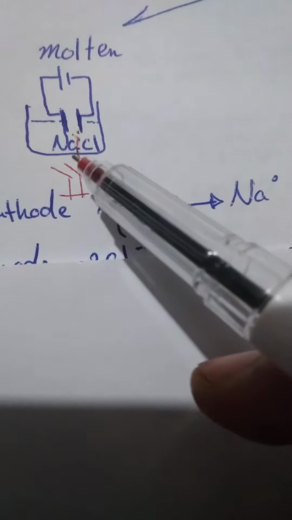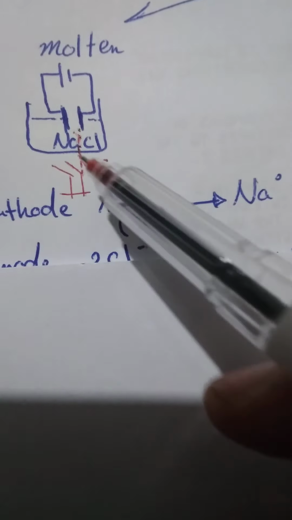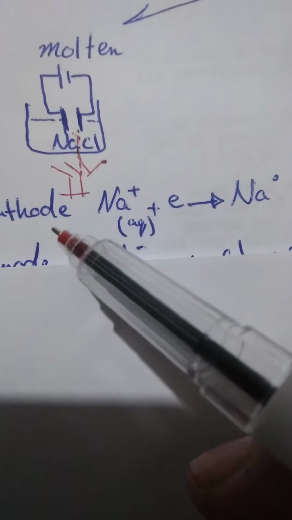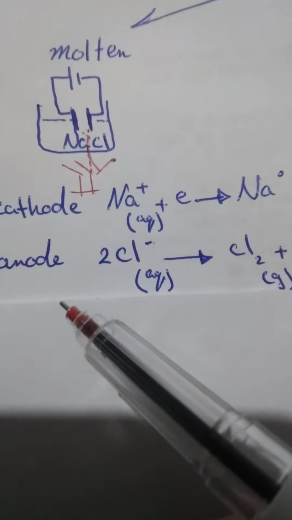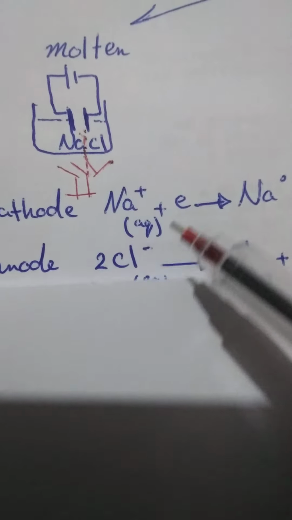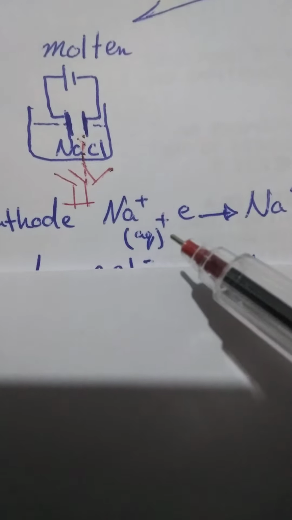Once the current passes, cleavage will happen, and we will have sodium positive ions and chloride negative ions. The sodium positive ions migrate towards the cathode and the chloride ions towards the anode. We can easily write the half equation now.